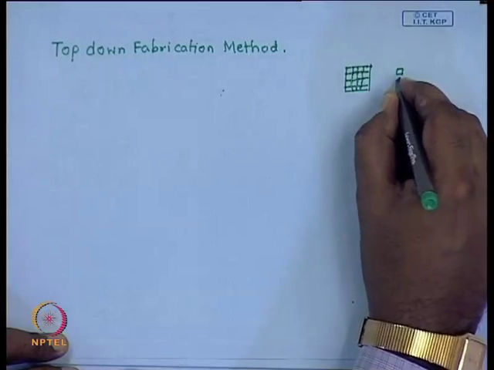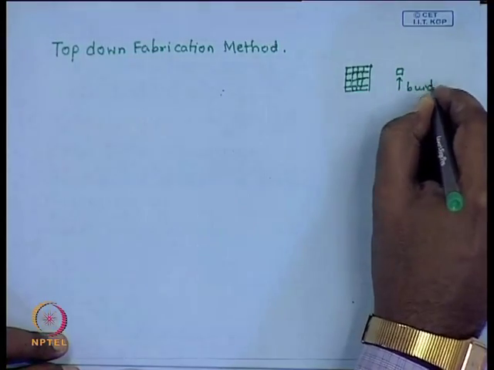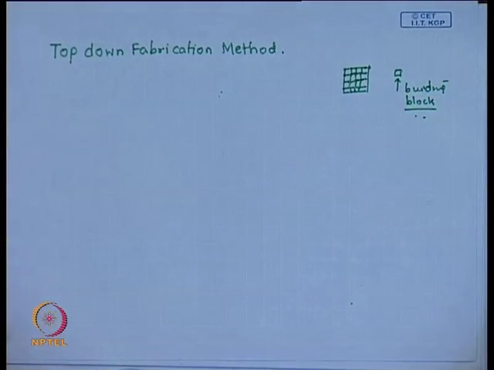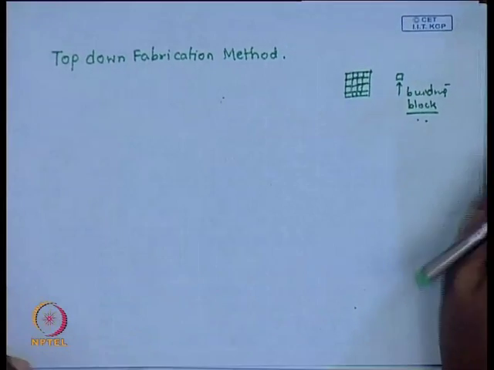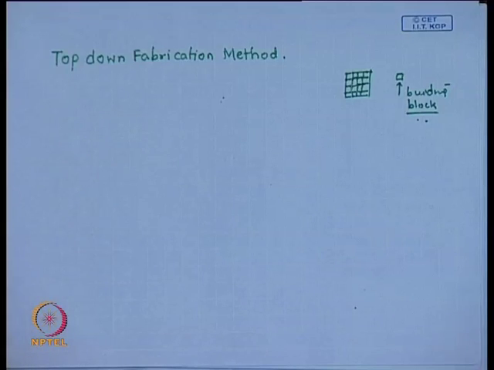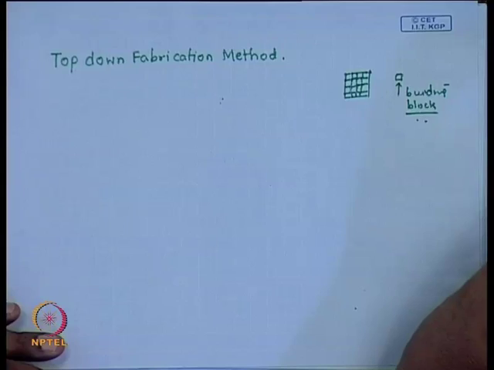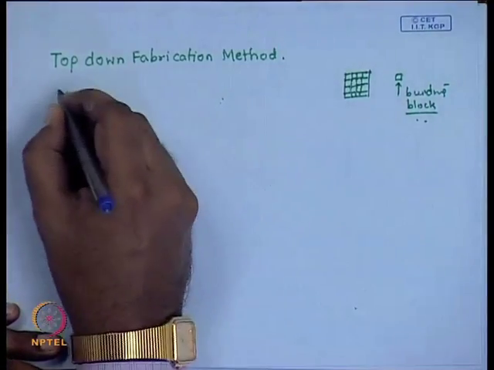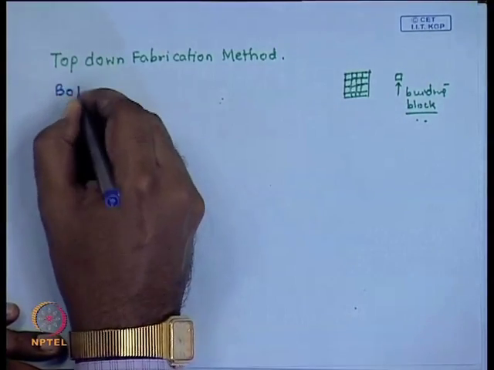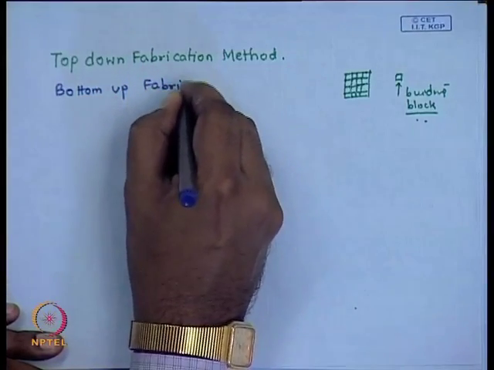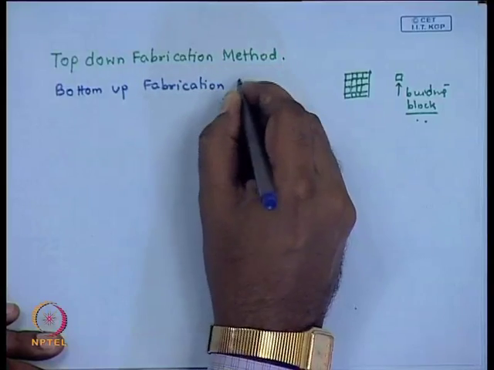So this is one building block, and you are fabricating your structure by bringing in different numbers of molecules, very loosely speaking. This is an idea you will immediately understand. This type of approach is conceptually completely different from the top down fabrication method, and is what is known as the bottom up fabrication technique or method.